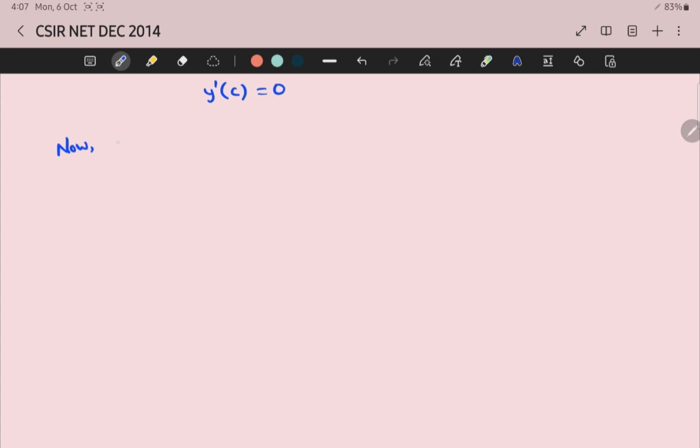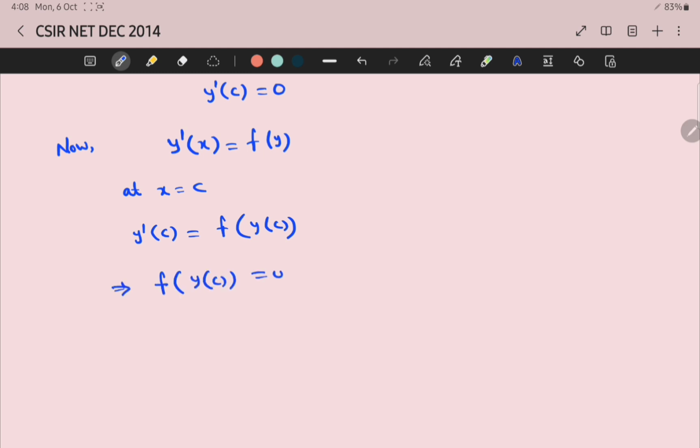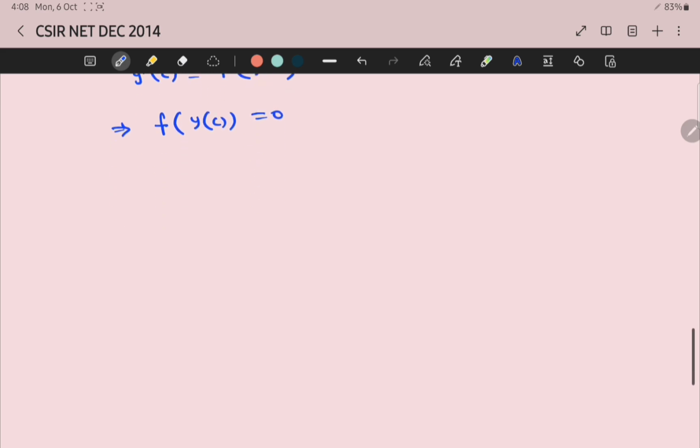Now, from the given initial value problem, y dash of x is equal to f of y at x equal to c, so y dash c is equal to f of y(c), that is f of y(c) is equal to 0.